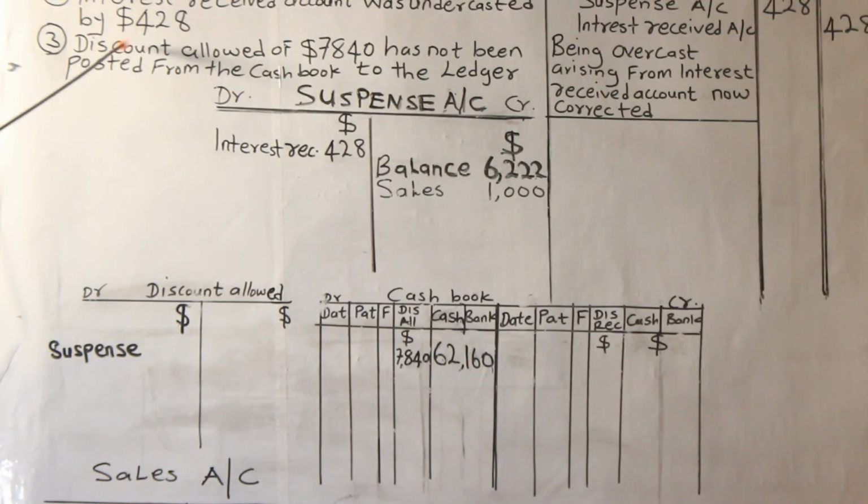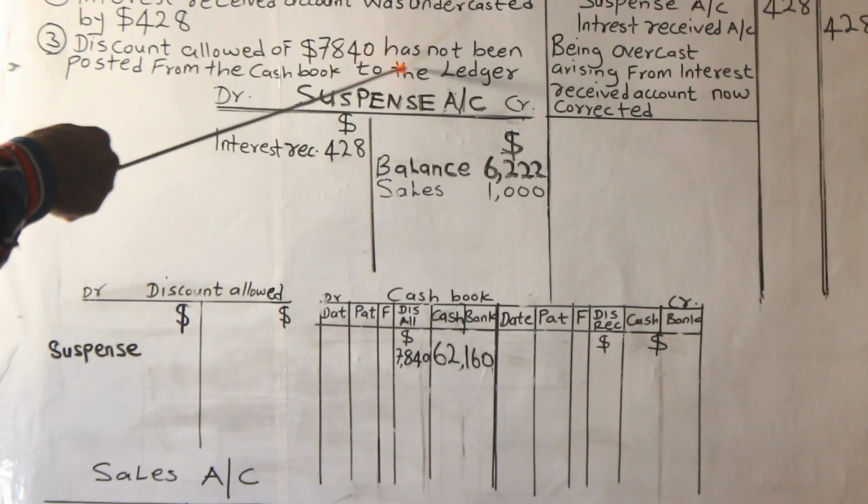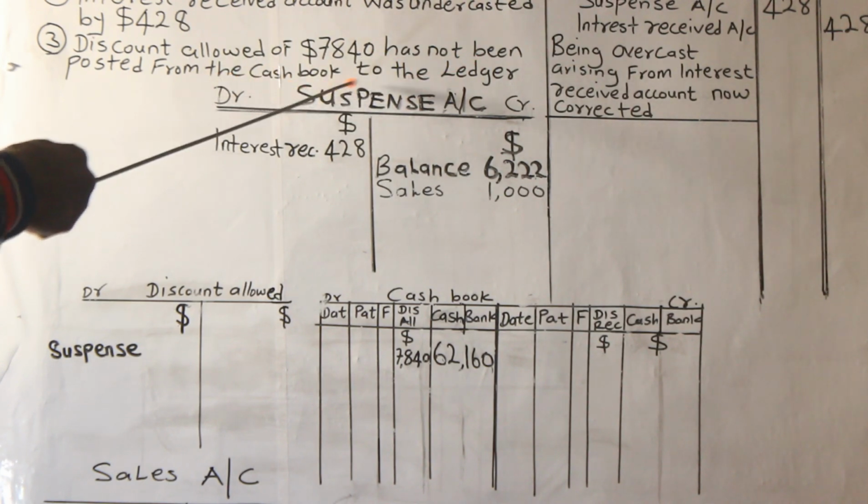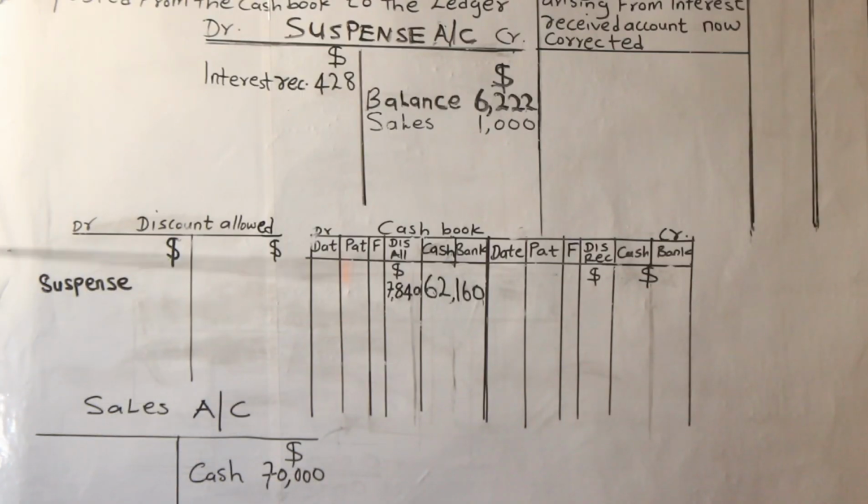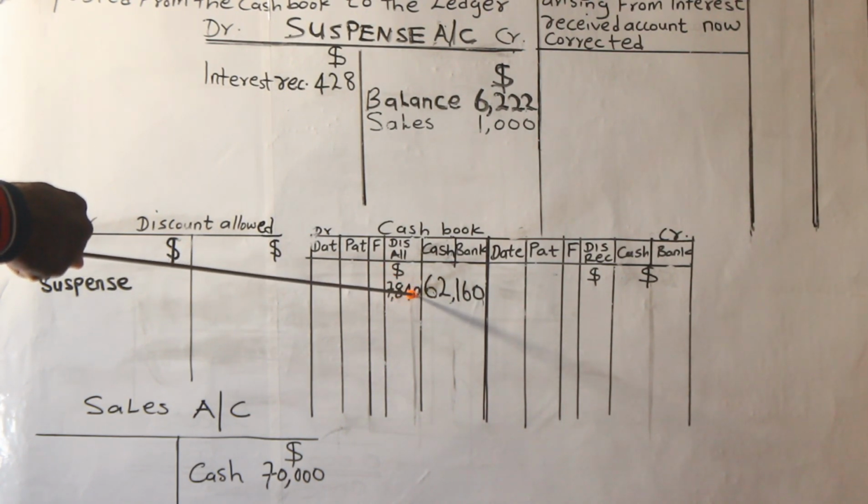The question reads that discount allowed of 7,840 has not been posted from the cash book to the ledger. Now, a discount allowed account will be opened and debited with 7,840.